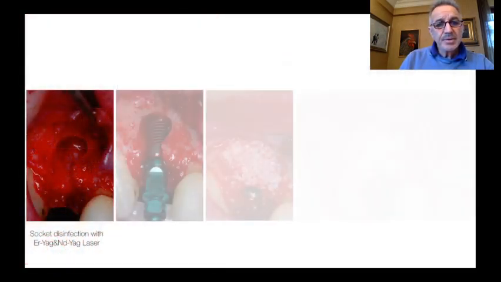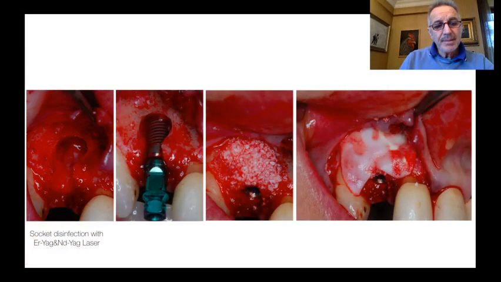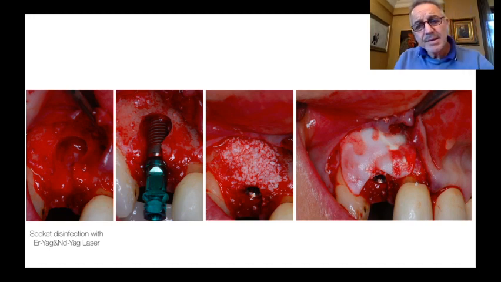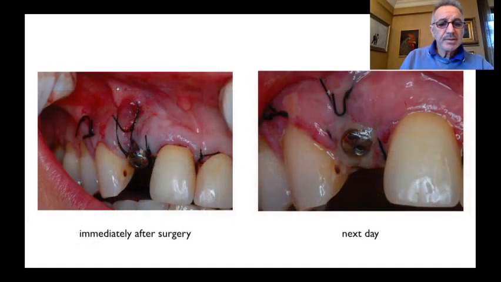I extracted the tooth and made a socket disinfection with my Er,Cr:YSGG and Nd:YAG laser. Then I placed my implant. Then, as you can see here, I performed a sandwich augmentation. Then I closed the flap. This is immediately after surgery and the next day.